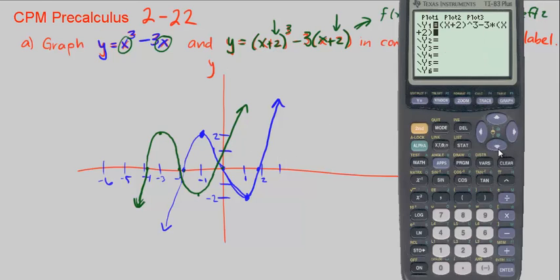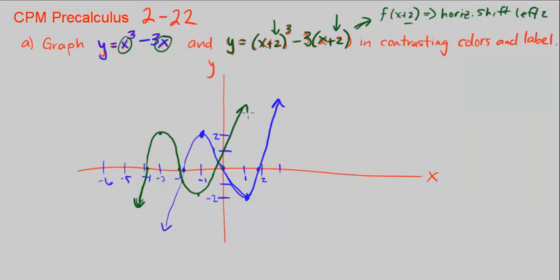I can even put them both in my calculator in different y values. So y1 I'll leave as the green one, y2 I'll put as the blue one, which is x cubed minus 3x, graph that, and I'll see them both side by side, okay? So let me go ahead and label them.